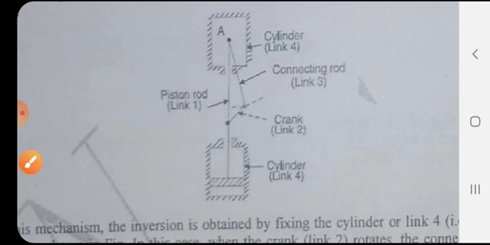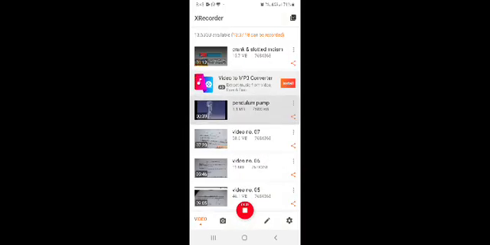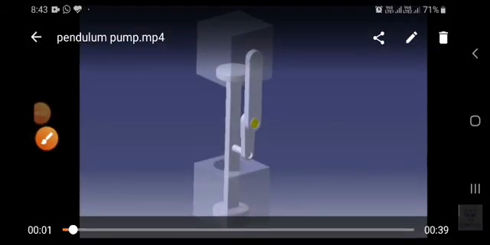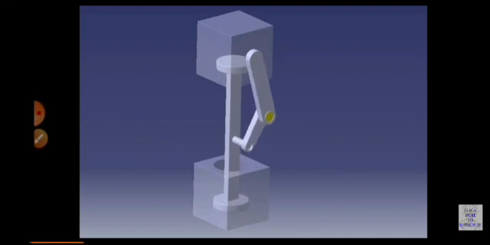Here I would like to show a simple animation video of the pendulum pump. You can observe how it works.